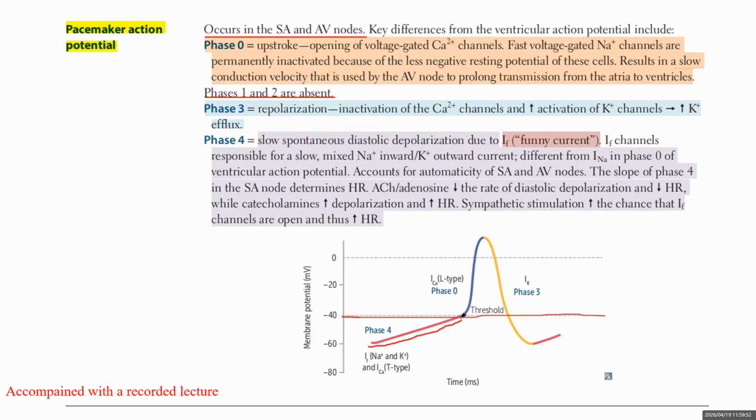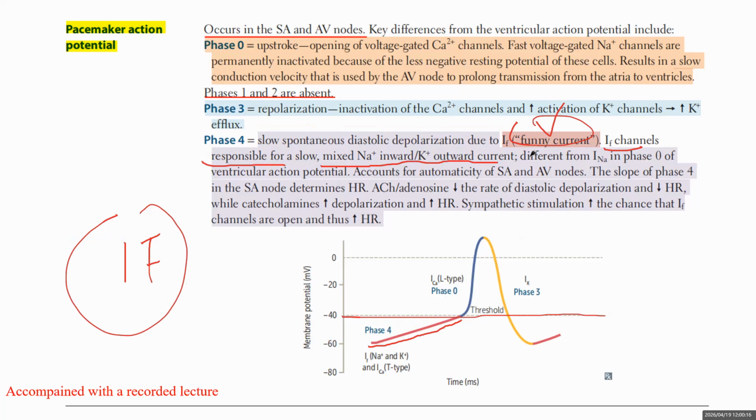And all of this happens because of a special inward current known as the IF current, or you can say the funny current. These funny channels are responsible for the slow mixed sodium and potassium current. This current is unusual, and that is why it is called funny.